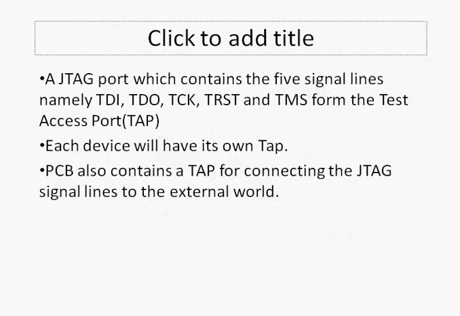Some of the main signals we talk about when it comes to the JTAG port are TDI, which stands for test data input; TDO, test data output; test clock; test reset; and test mode select. Altogether you call this the test access port. The TAP consists of 5 pins, addressed as TDI, TDO, TCK, TRST, and TMS.